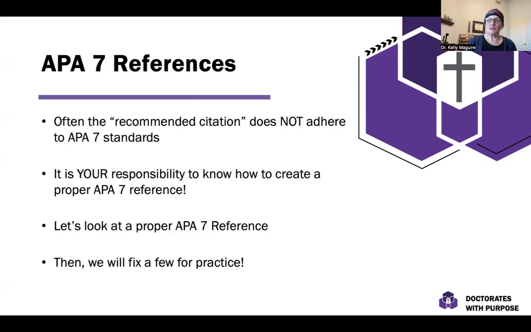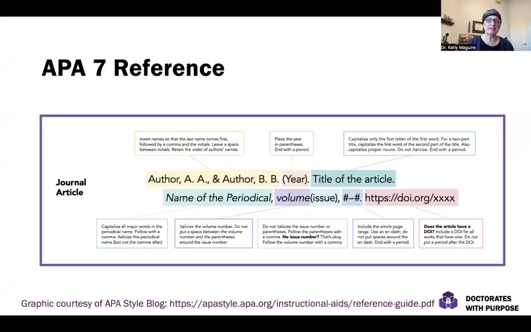It's your responsibility as a scholarly writer to know how to create a proper APA 7 reference. We'll also see this in the GCU library. There's a way that you can hit the cite button there, and sometimes it's truly 100% APA 7, but sometimes it's not. So we're first going to look at a proper one so that we can have that in our heads, and then we're going to fix a few for practice.